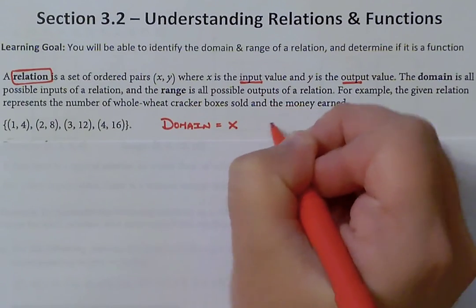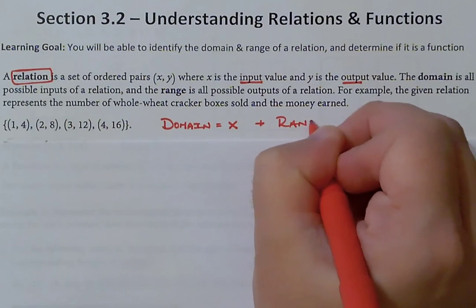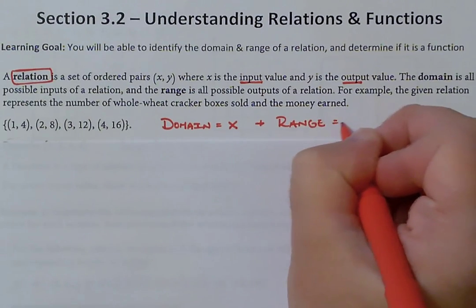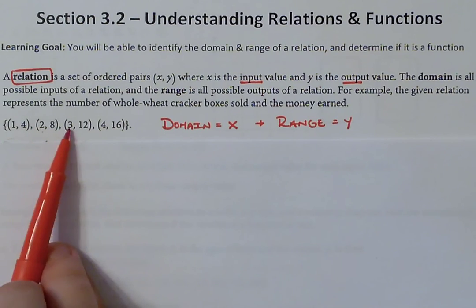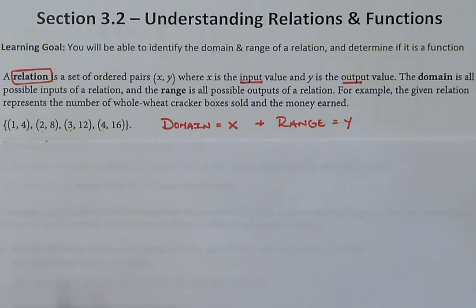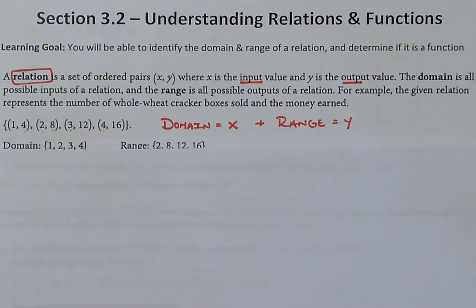Domain is x, and range is y. So if all my domain values are 1, 2, 3, and 4, because those are the x values, my range values are 4, 8, 12, and 16.